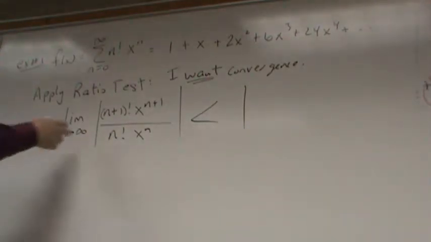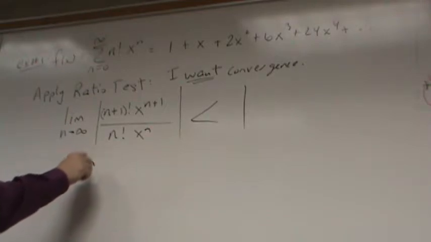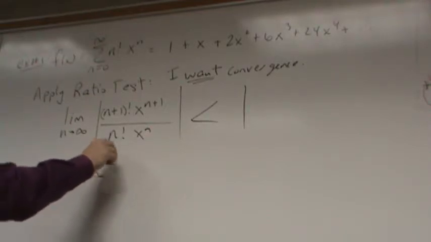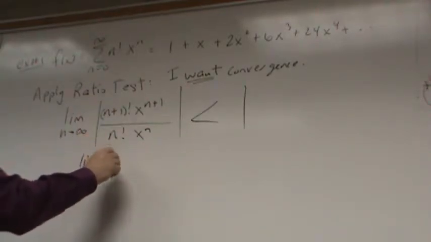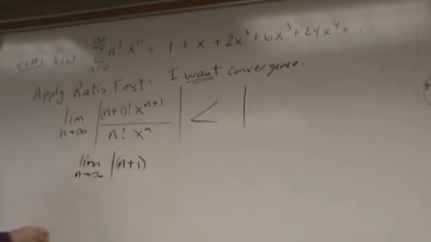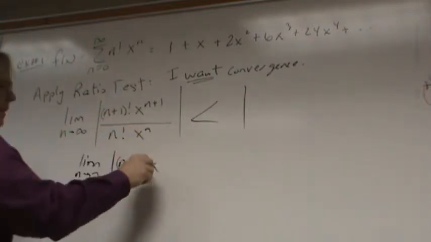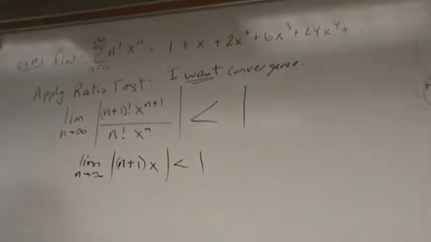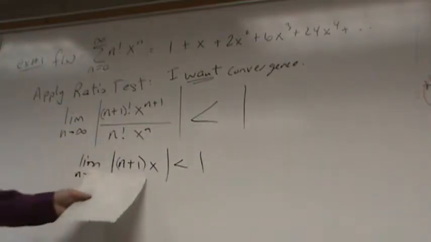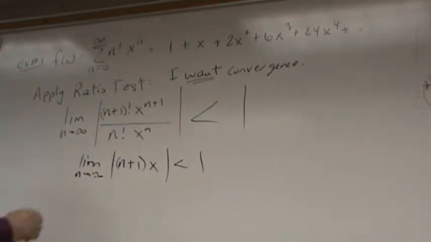But just like before, we're going to simplify. n plus 1 factorial over n factorial, I hope you get that that's n plus 1. x to the n plus 1 over x to the n, that's just x. If I want, I can take the absolute value of x out.